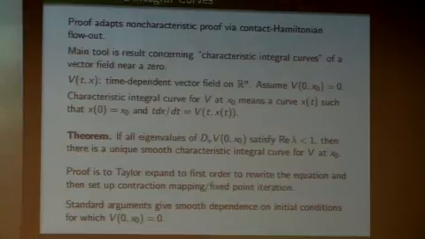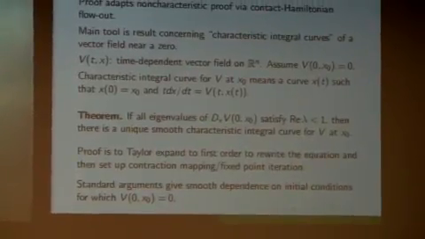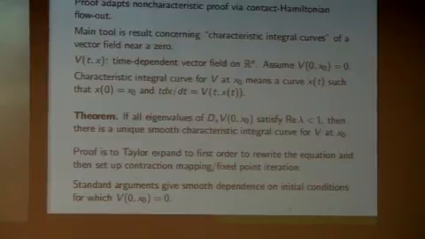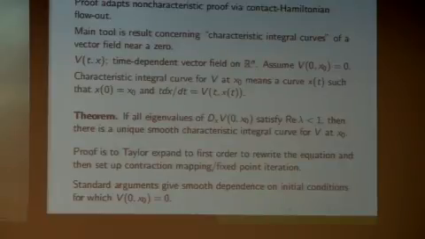Since the eigenvalues are all less than 1, you get e to the log t times your operator, it's bounded for t small, and you can just iterate and prove it with standard techniques. And then standard arguments say that the solutions depend smoothly on initial conditions and so forth. Okay, so I think this is my last slide here.